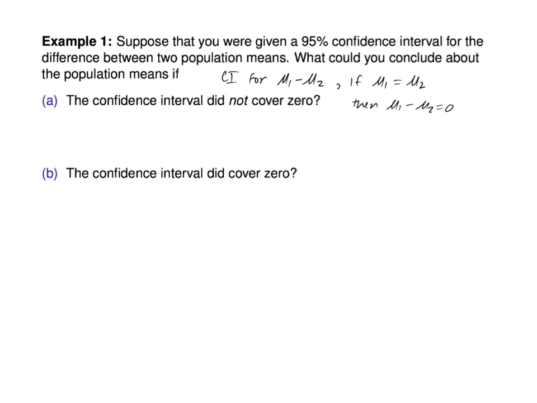Which means if these two means are the same, then 0 should be a plausible value for their difference. So if the interval does not cover 0, that means 0 is not a plausible value. So mu1 minus mu2 is not equal to 0. So you could conclude the means are actually different.